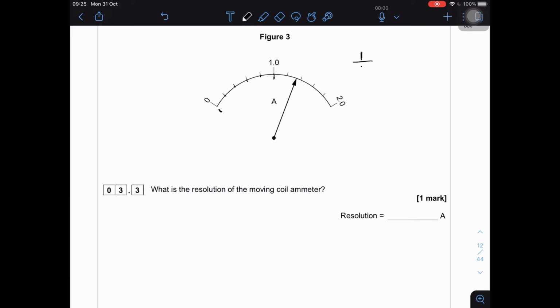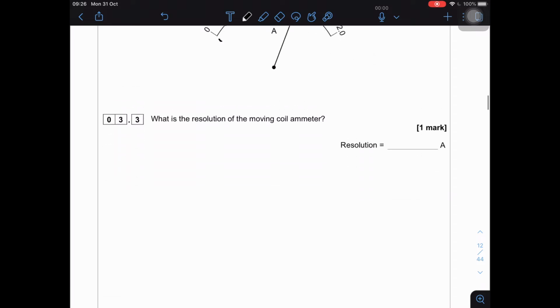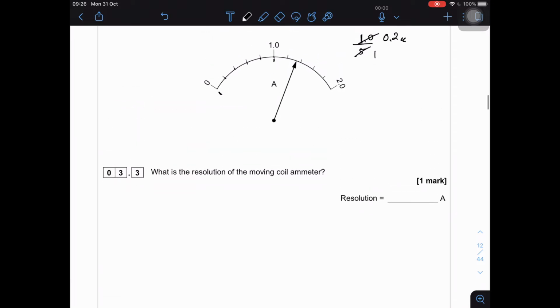So 1 divided by 5, you should get 0.2. So the resolution is 0.2. That means each of these divisions is 0.2: 0.4, 0.6, 0.8, and 1.